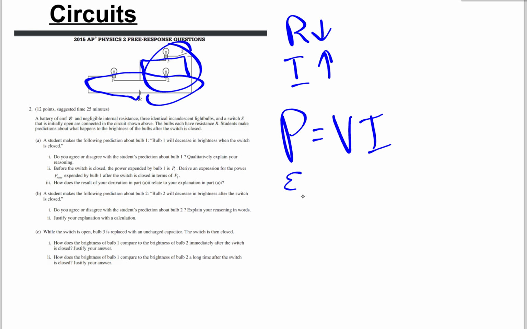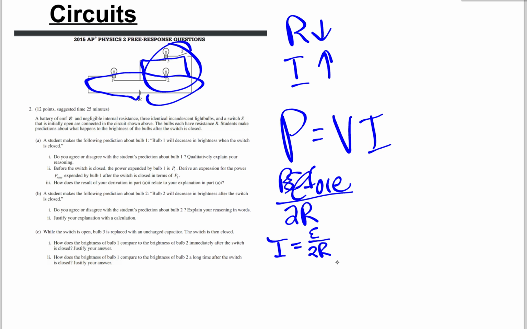Before the switch is closed, the resistance is just 2 times R, right? The current is equal to the voltage over 2R. That's the current for the circuit.